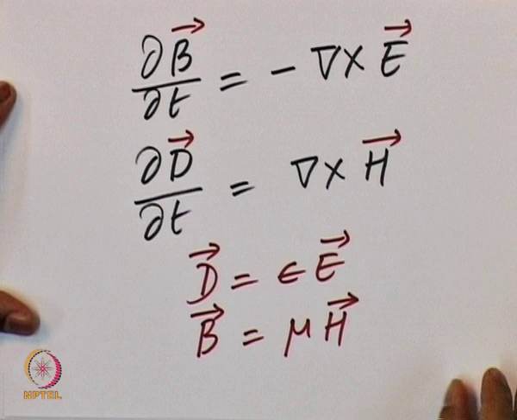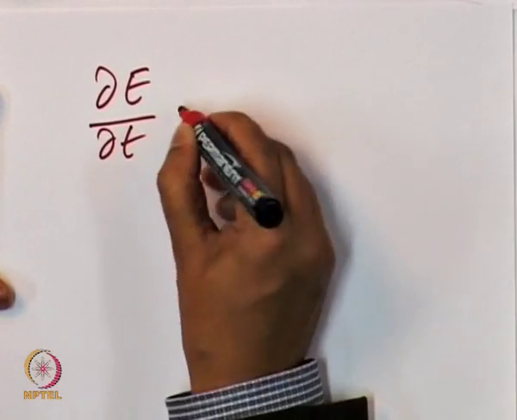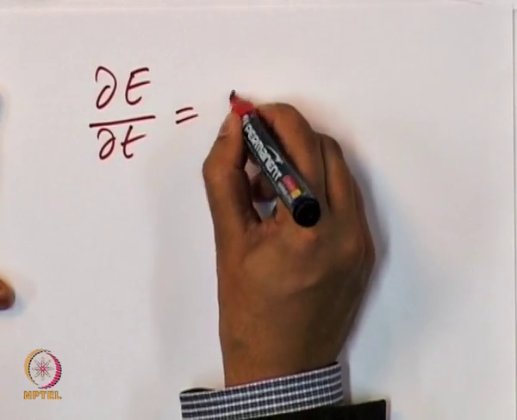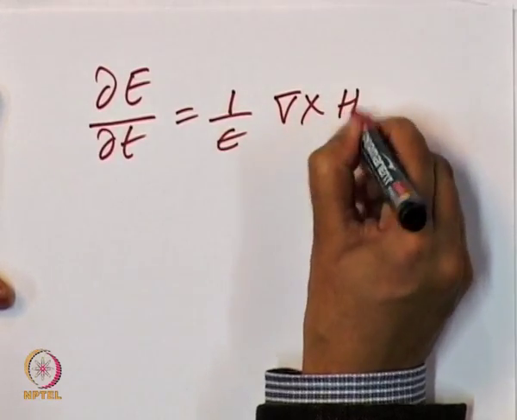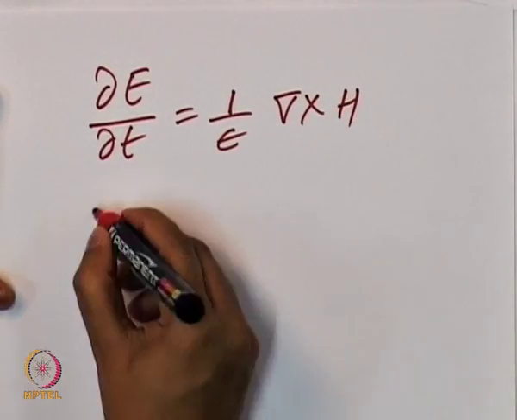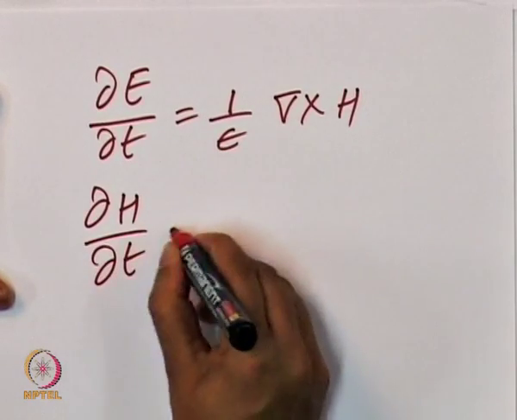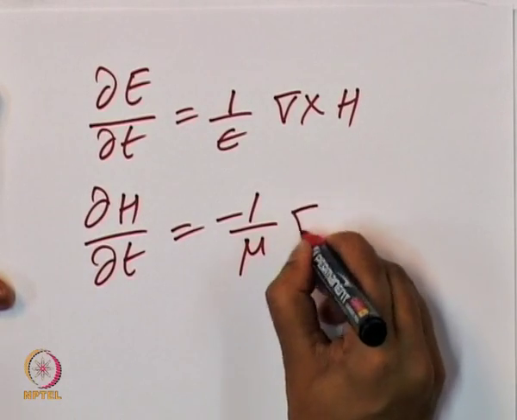Accordingly this expression simplifies for the simple Maxwell equation as dE by dt is equal to 1 by epsilon the curl of H, and dH by dt is equal to minus 1 by mu the curl of E.